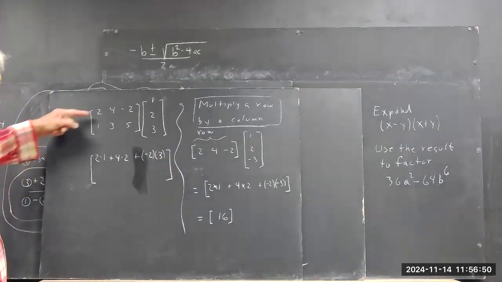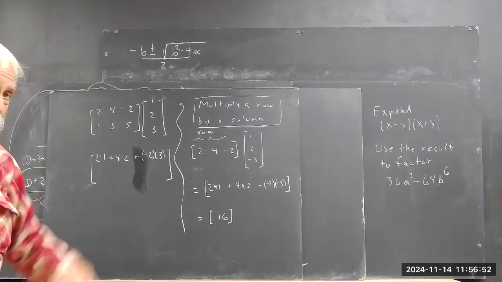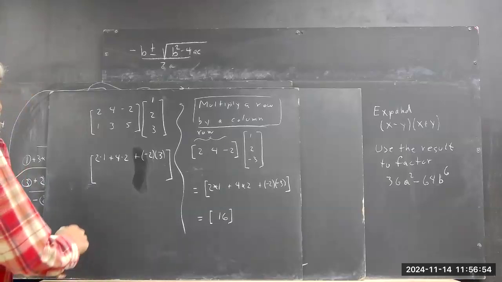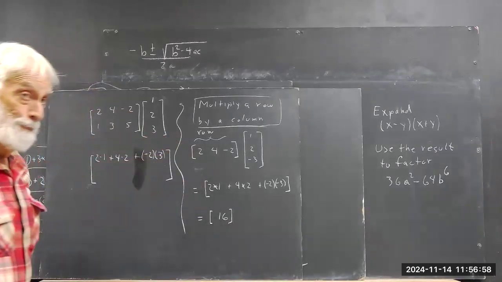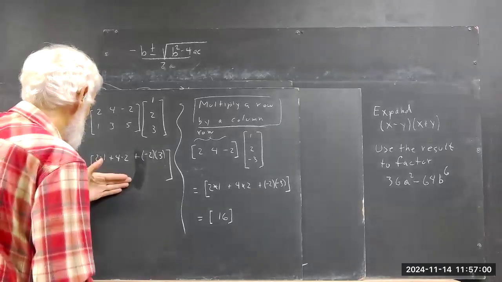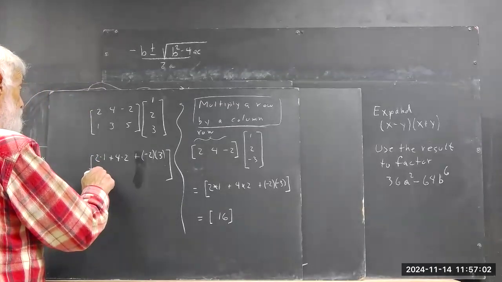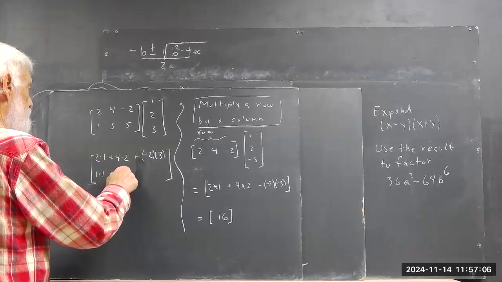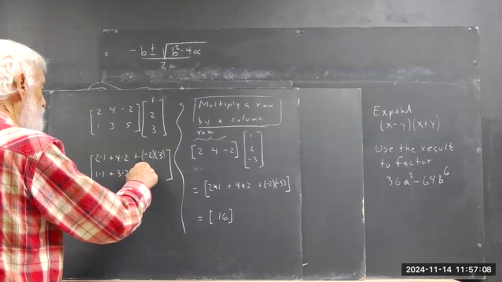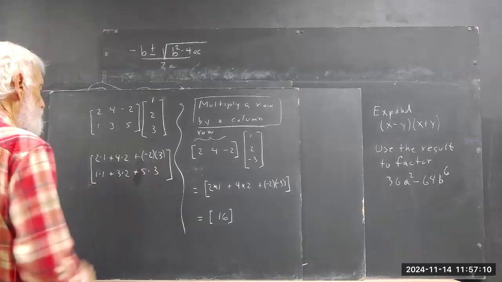First row times a column, that result is here, which makes sense because that's the result of the first row. And the result of the second row is right here.